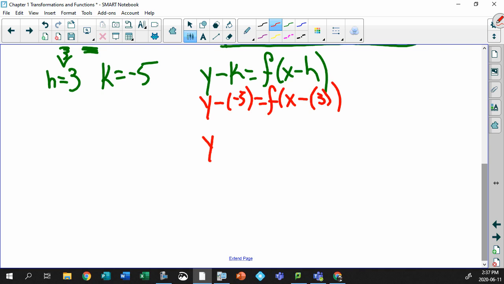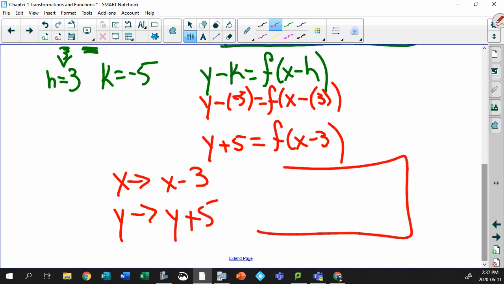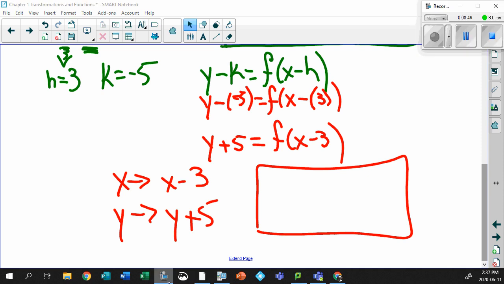This is y minus minus becomes a plus 5, and this is f of x minus 3. If you want to put the replacement out there, fine. x becomes x minus 3, y becomes y plus 5. And if you had some sort of crazy equation out here, all you'd have to do is substitute those in. Isn't that just awesome? Look how far we've gotten.